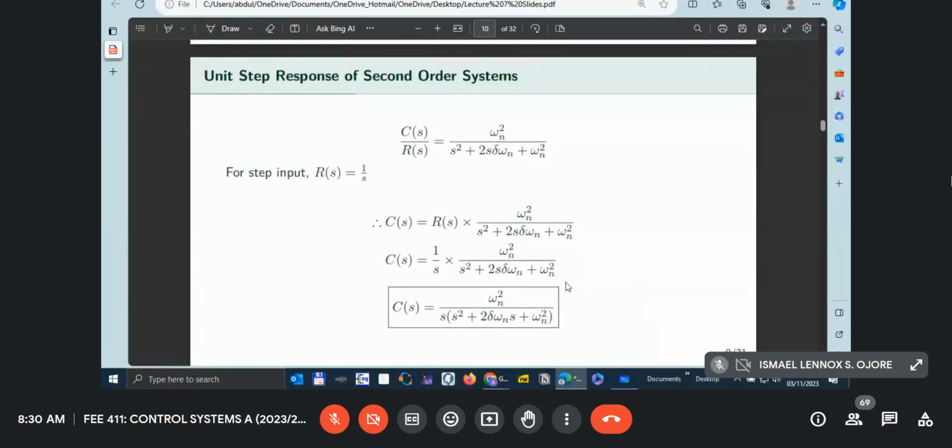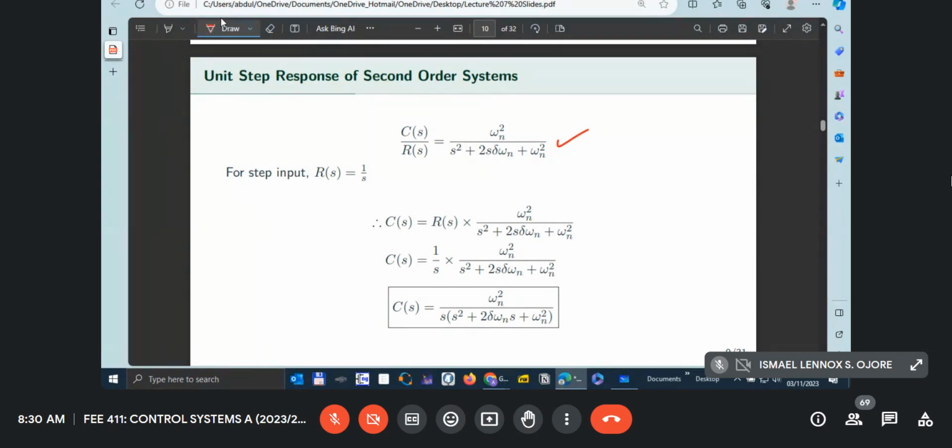So let's move on. For the unit step response of a second order system, we have our transfer function for a second order system given by this here. So for us to apply a unit step response, we need to apply a unit step.